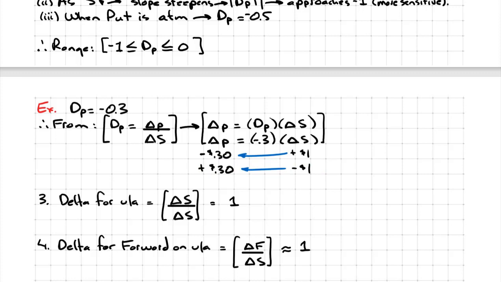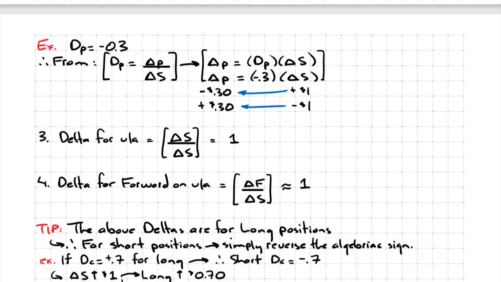Now let's also have a look at the delta for the underlying asset. Now remember what delta is. It's the sensitivity of the security to changes in the spot price. But if the security is the actual asset you're trading, of course there's going to be a one-to-one relationship.